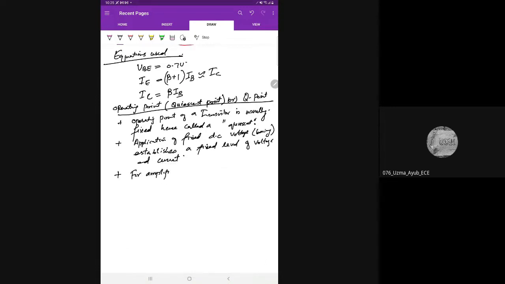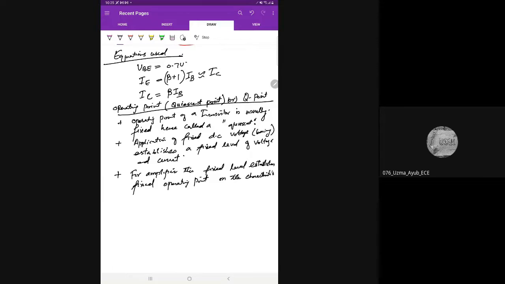Okay. And for amplification, or for amplifier, this fixed level establishes a fixed operating point on the characteristics.